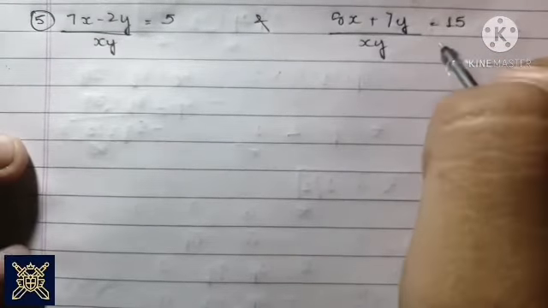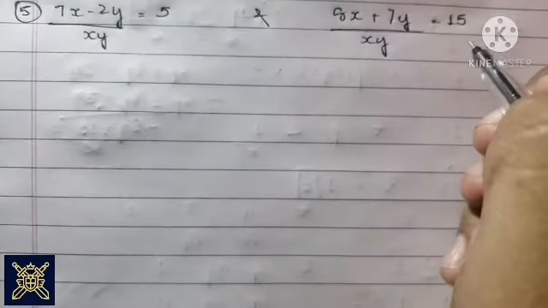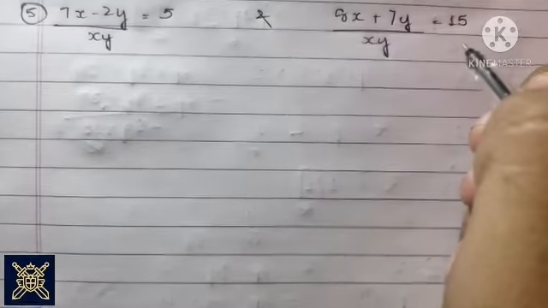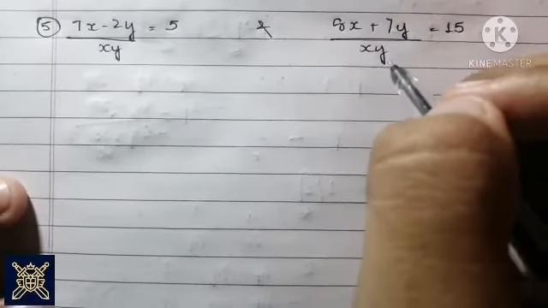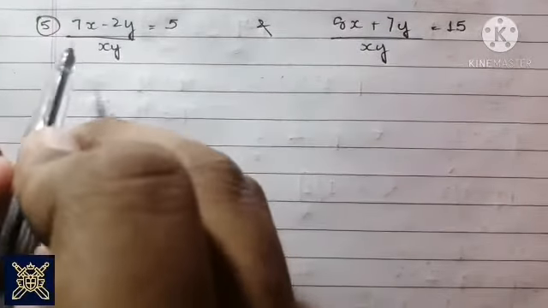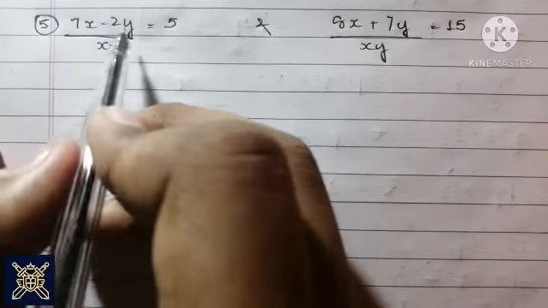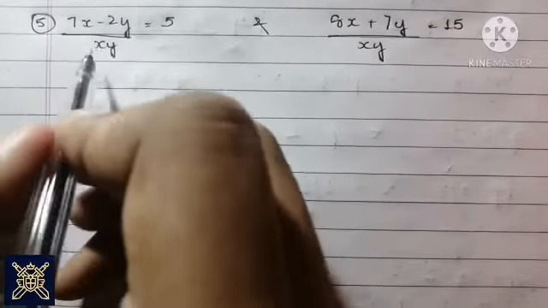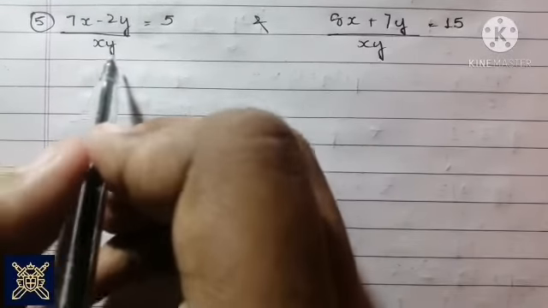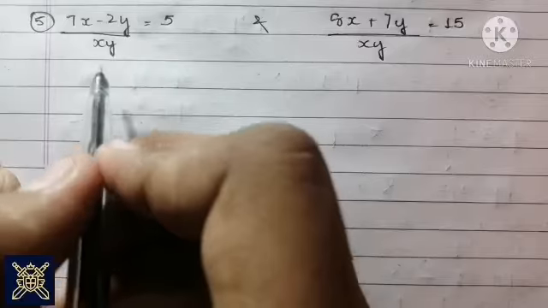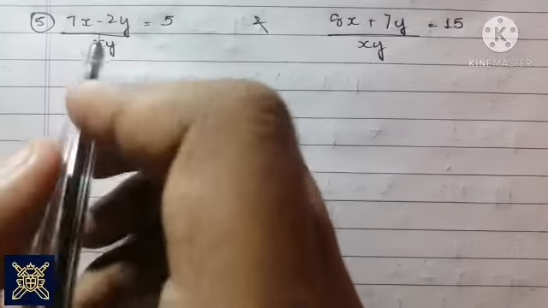As I told you in the first video, whenever you have this xy in the denominator, it always means that the LCM has been taken. So this whole term, (7x minus 2y) upon xy, can be expressed as 7x upon xy minus 2y upon xy. It is just a simplification, writing it in another form.